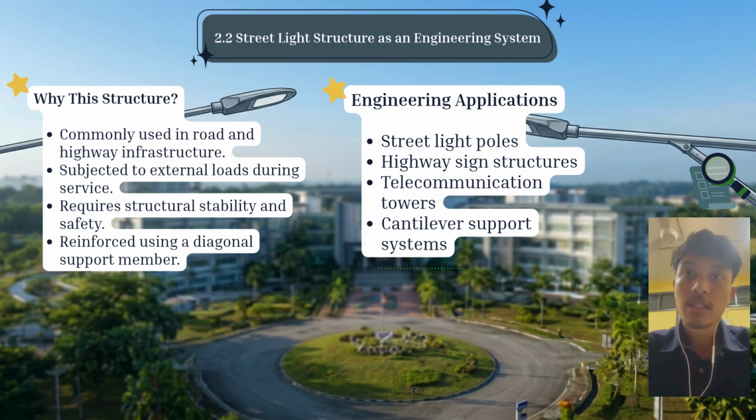In this design, a diagonal support member is added to improve stability and reduce bending effects on the horizontal beam. Similar structure configurations can be found in highway signboards, telecommunication towers, cantilever supports, and industrial structures. Therefore, understanding the force distribution in the structure has practical engineering significance.